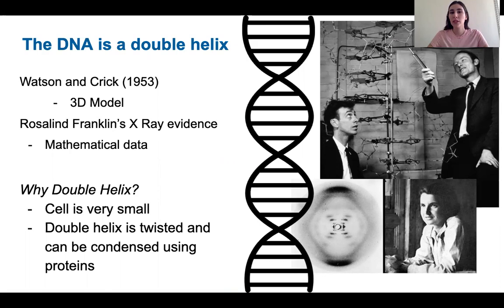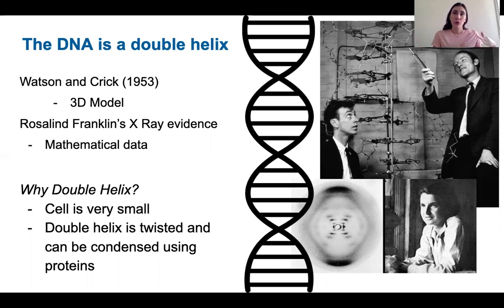Rosalind Franklin did a lot of research with X-rays. She took a lot of images, or basically radiography images. She had mathematical data from her studies that Watson and Crick then used in order to actually visualize and create that 3D model.